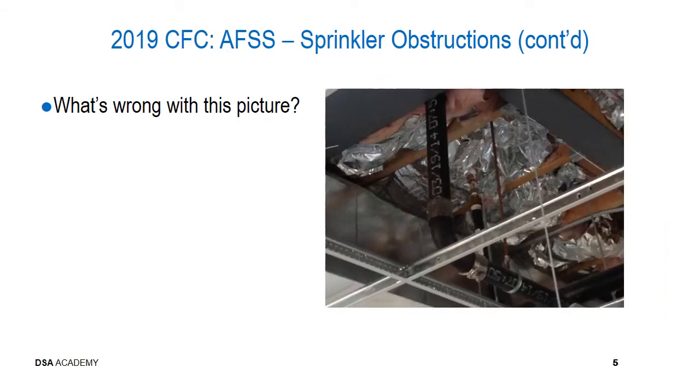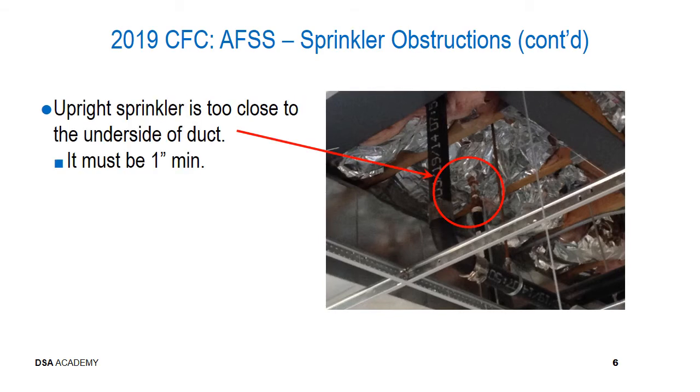Here's another picture. Note that the upright sprinkler is too close to the underside of the duct, such that it's actually encroaching into the insulation up above. There must be a 1-inch minimum clearance above that sprinkler.